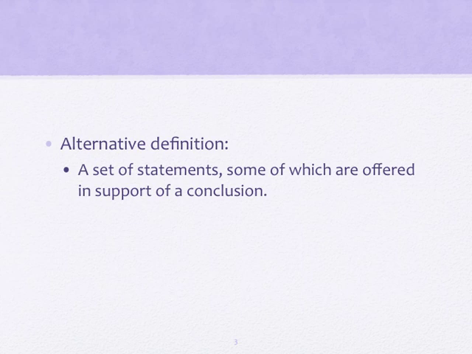You need to give at least one reason for the conclusion, but there's no limit of how many you can have, right? So you could have an argument with one premise, like the argument I just gave, or two, or three, or four, 10, 20, 30, 100. There's no theoretical limit to how many reasons you can offer, how many premises you can offer in favor of a conclusion.